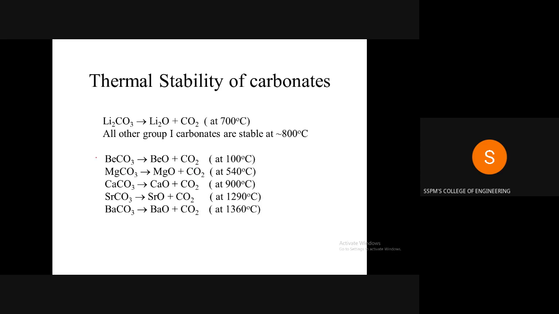The thermal stability of a carbonate depends upon temperature.